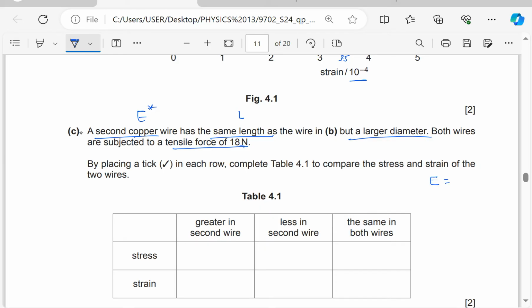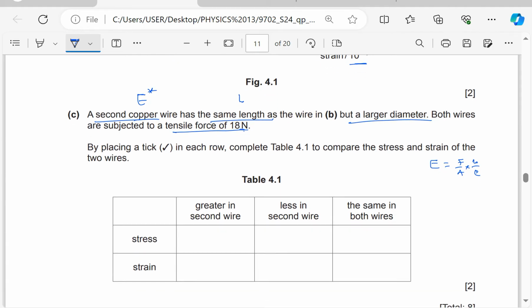Remember, we have seen Young modulus is force over area times original length over extension. So the Young modulus is the same, the force is the same, and the original length is the same, but a larger diameter. Let's first look at stress. Stress is force over area.